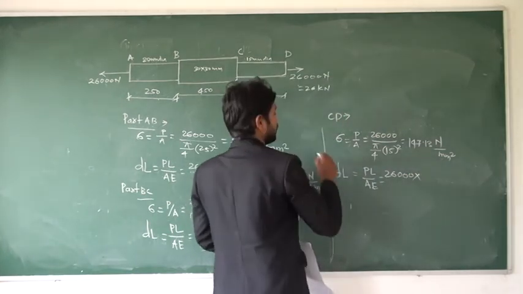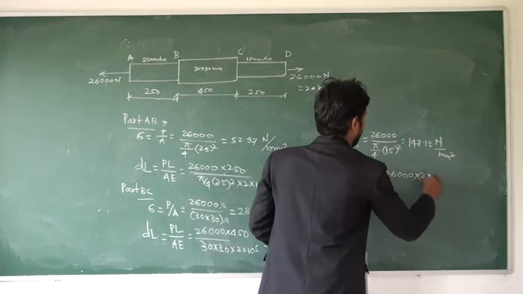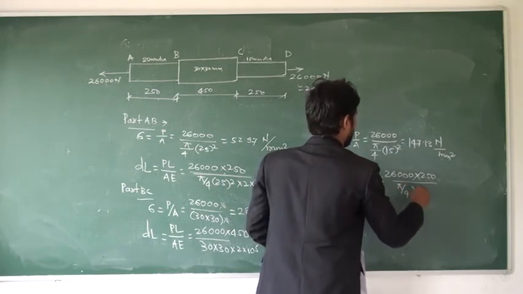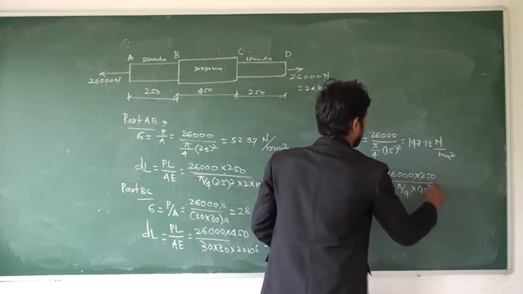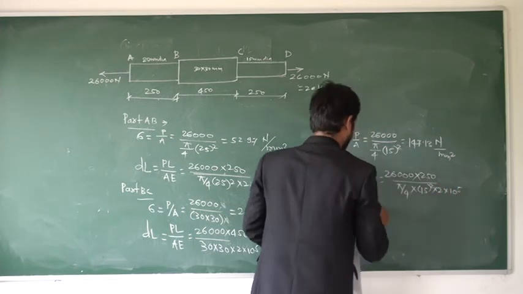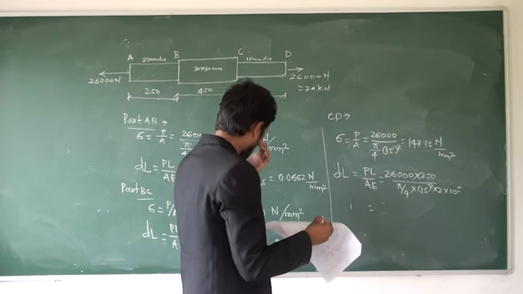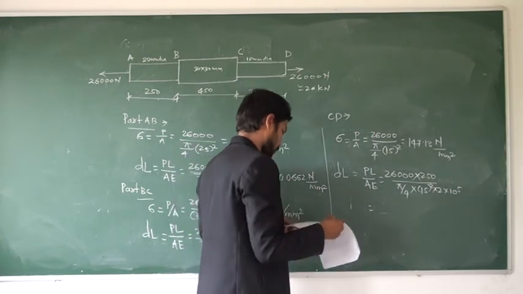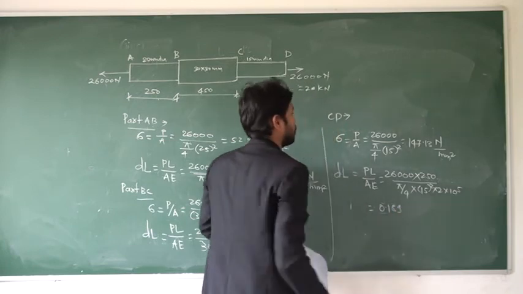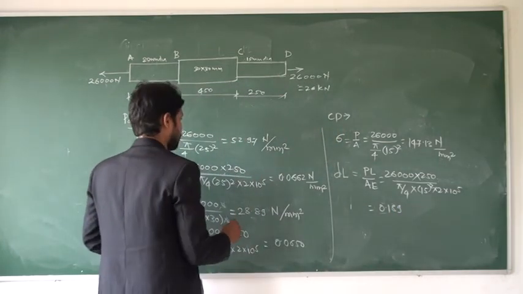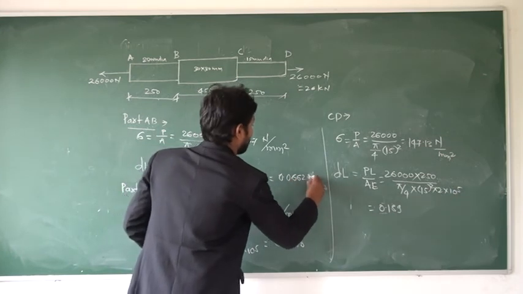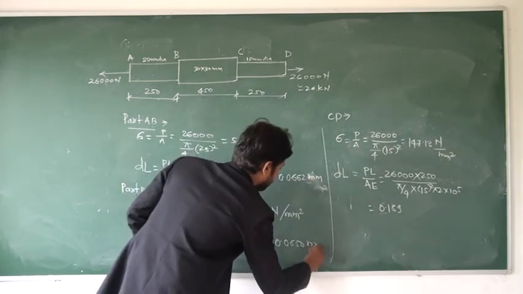Length is now 250. Area is pi by 4, 15 squared, into 2 into 10 raised to 5. You will get this value as 0.189. All these values of deformation are in mm.